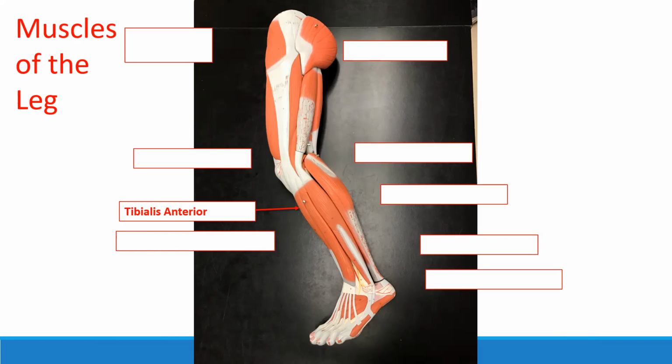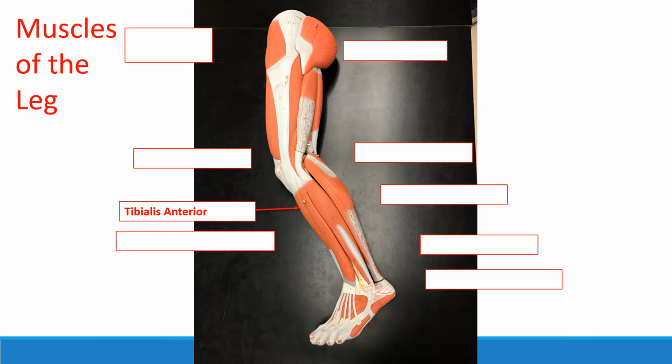So if you're looking straight on, you can see the lateral side, where the little toe is. You see the anterior crest. The tibialis anterior is immediately to the lateral side of the crest. What's it do? It causes the toes to spread out and to flex.